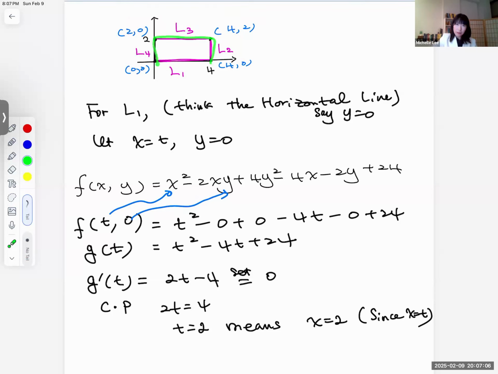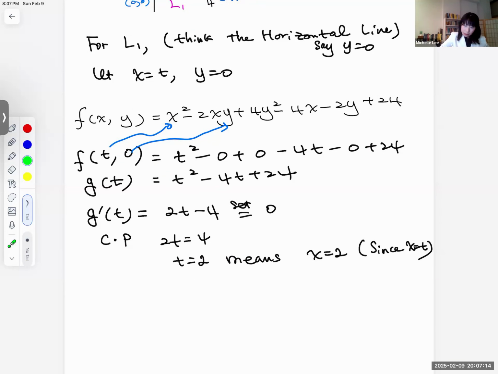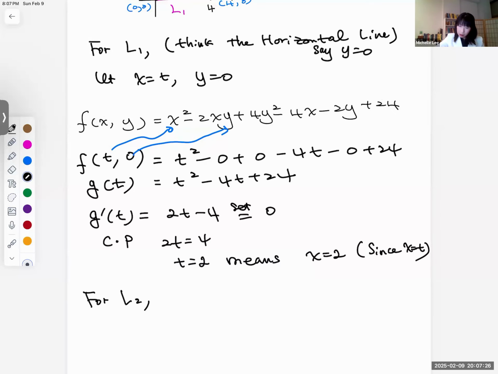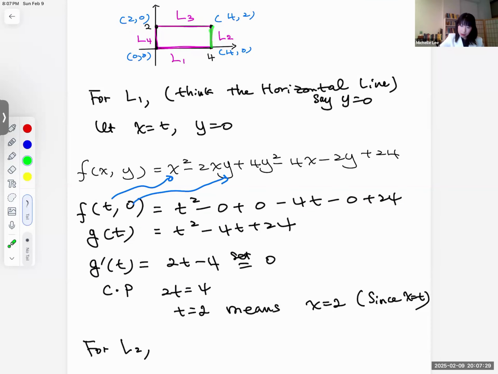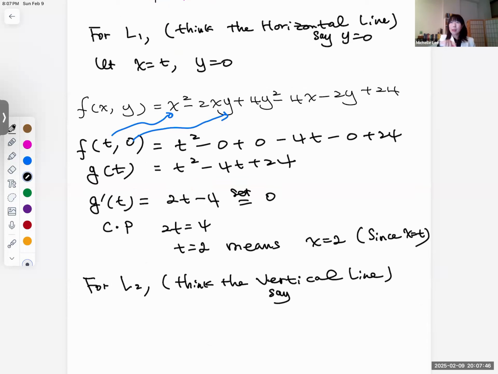All right. So we will do line 2, line 3, line 4 with this process, right? For line 2, this is a vertical line, right? How do we express a vertical line? It's the equation x equal to something.